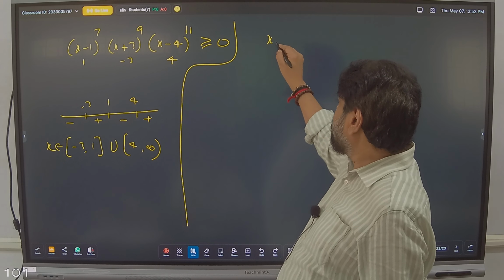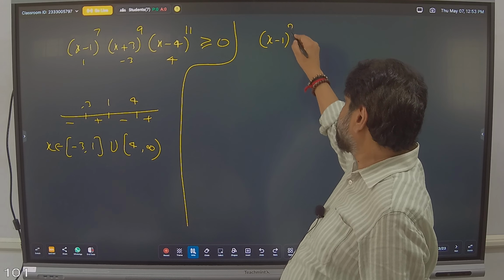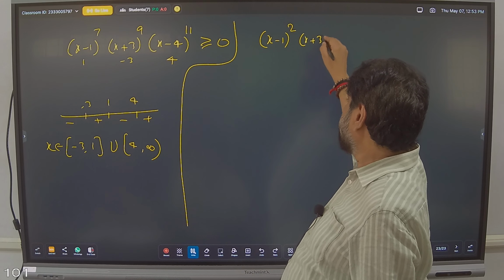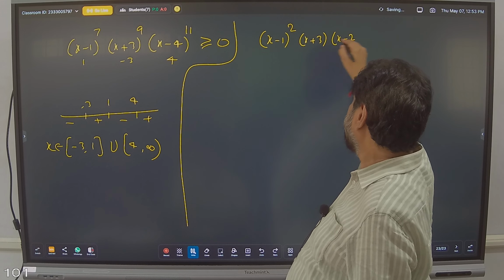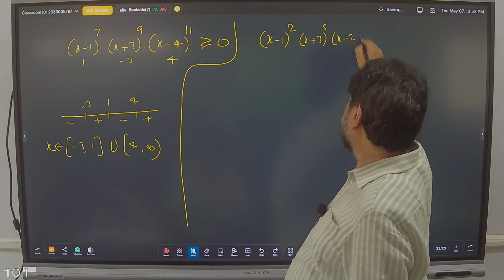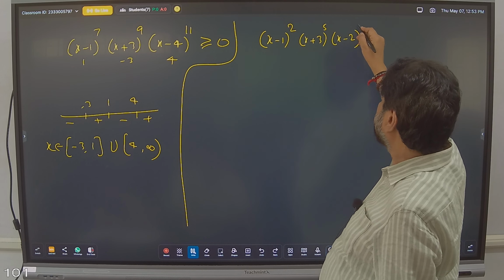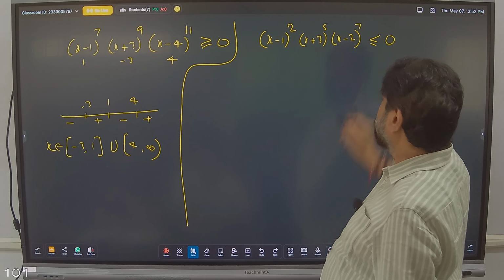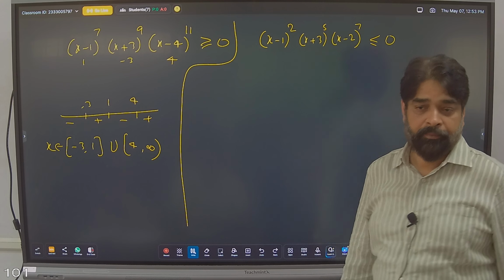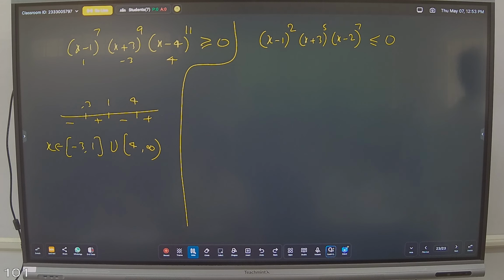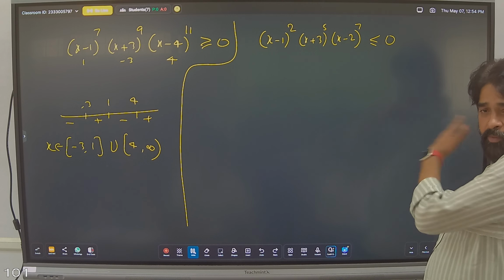But imagine the question comes this way. Correct? Now again the same drama, we have to break into linear factors.